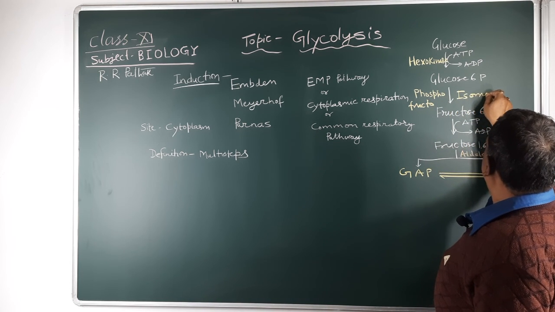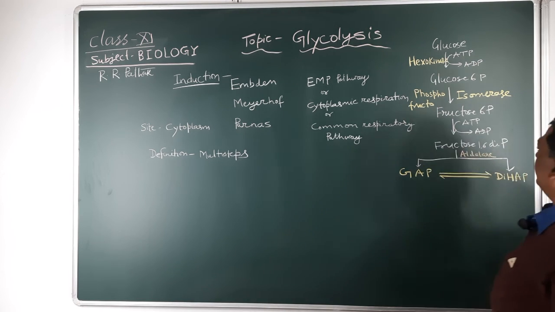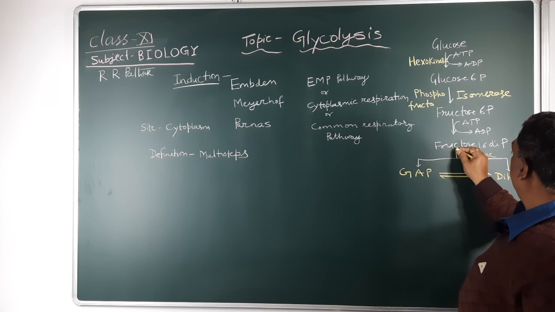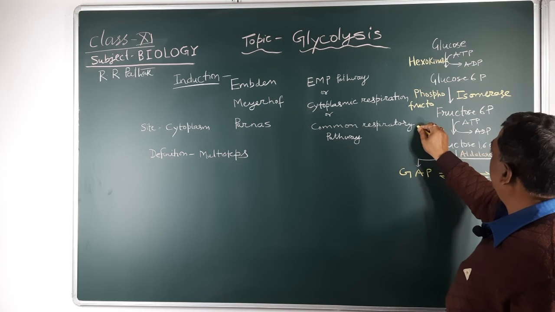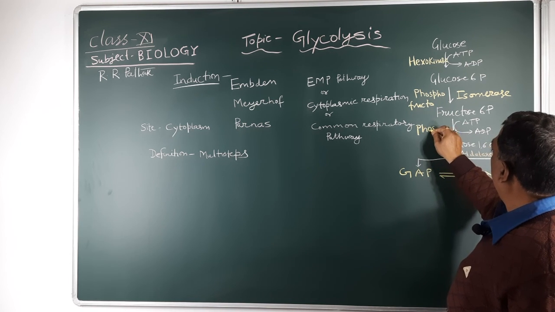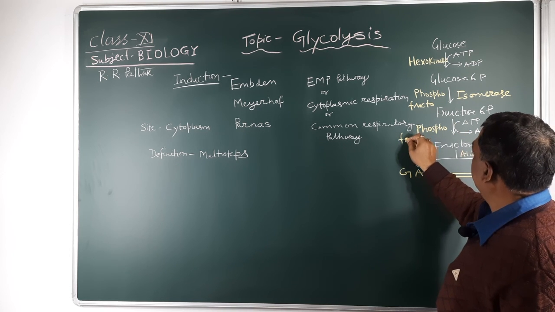So isomerization process takes place, so the name of enzyme is called isomerase. Fructose 6-phosphate is further converted into fructose 1,6 diphosphate in presence of enzyme phosphofructokinase.